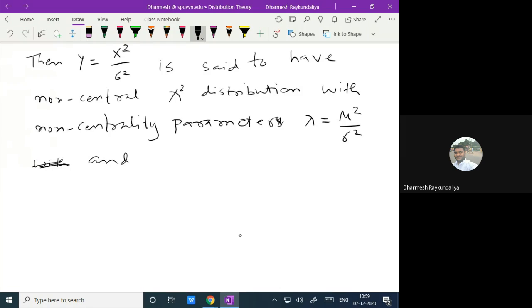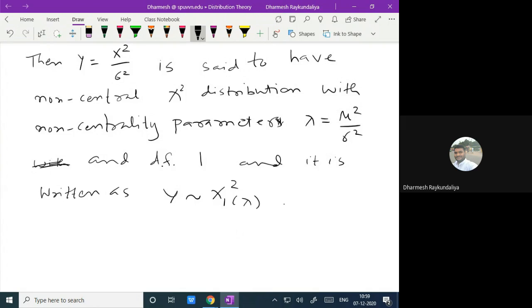X is only a single variable, and the square of a normal is chi-square, so the degree of freedom is 1. In notation it is written as y is distributed as chi-square with 1 degree of freedom and non-centrality parameter lambda.